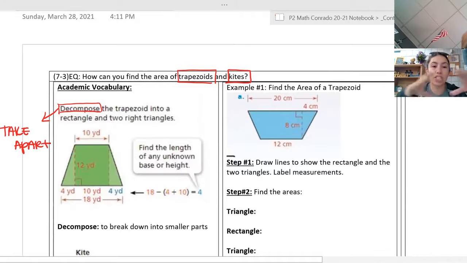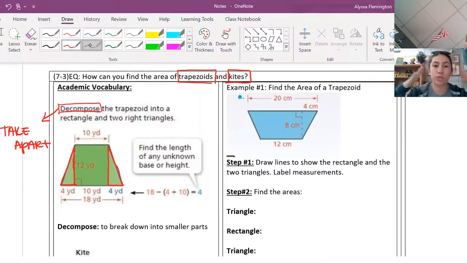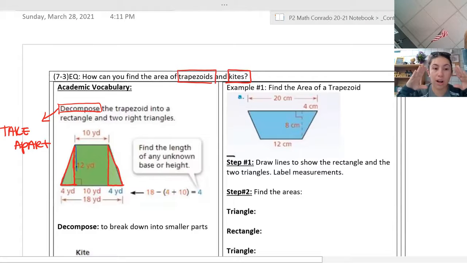So if we look at this shape, which is a trapezoid, we can see that if we decompose this shape into familiar shapes that we know, we have 2 triangles on the sides of our trapezoid, and then we have a rectangle on the inside.